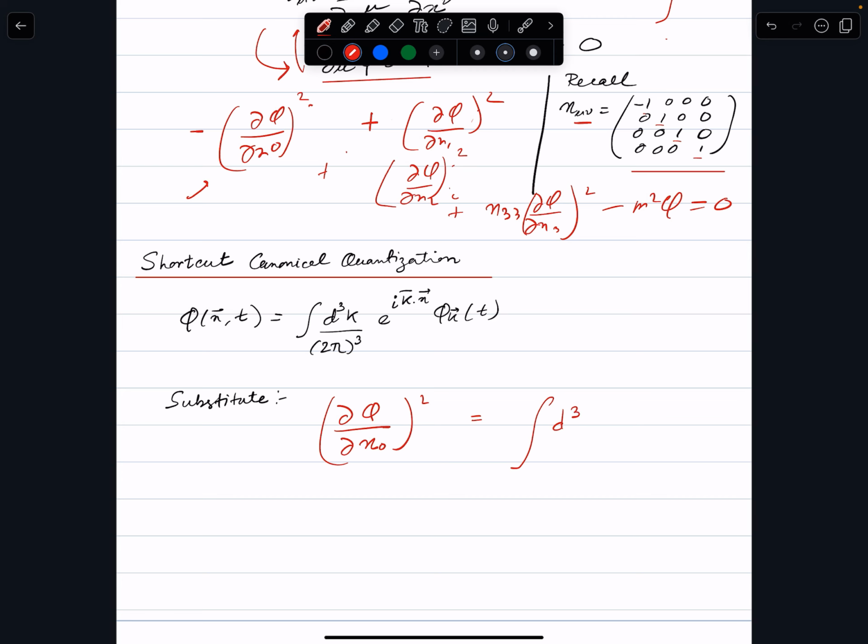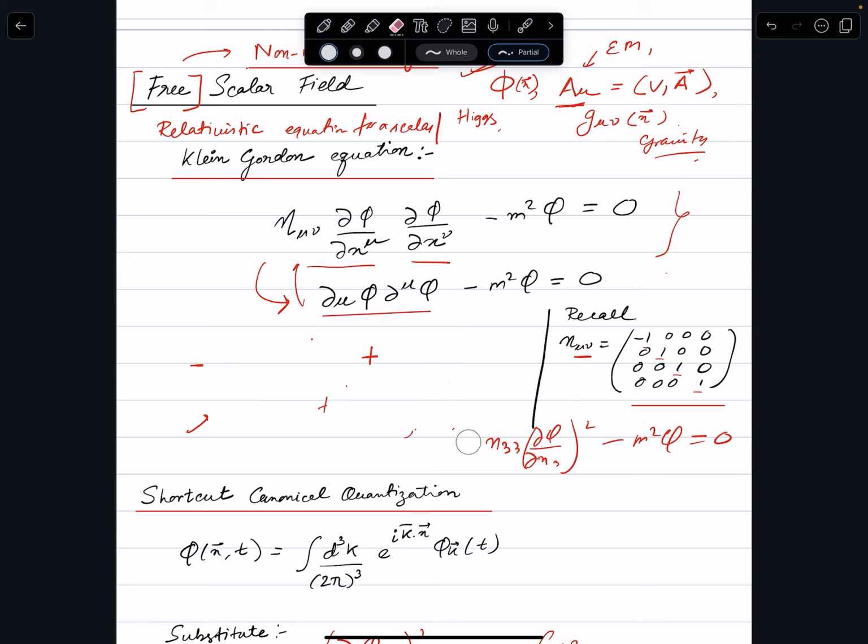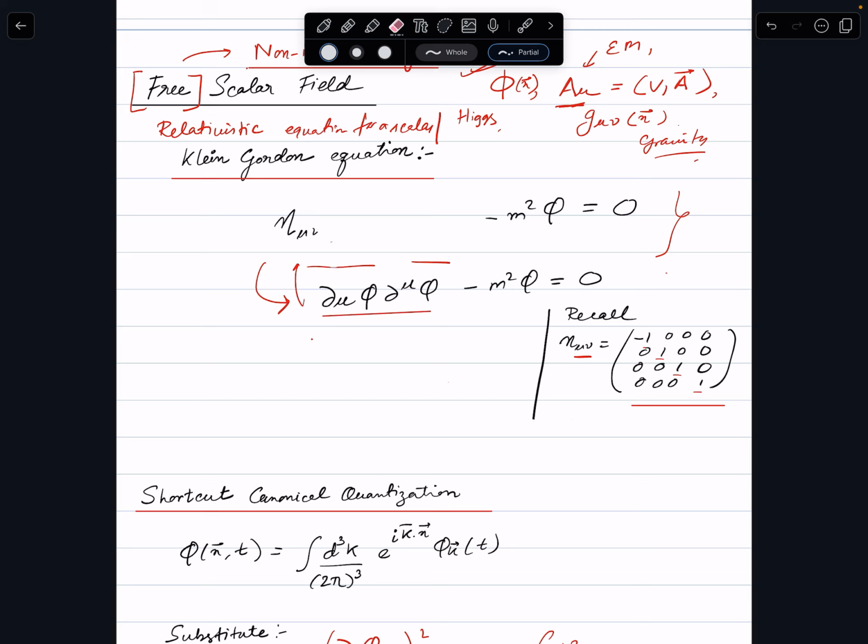Oh sorry, my bad, this is wrong actually. Someone has to tell me these things. This is not the equation. Sorry. This is del 2 phi del x mu del x mu. This is the equation. It's a second order equation.